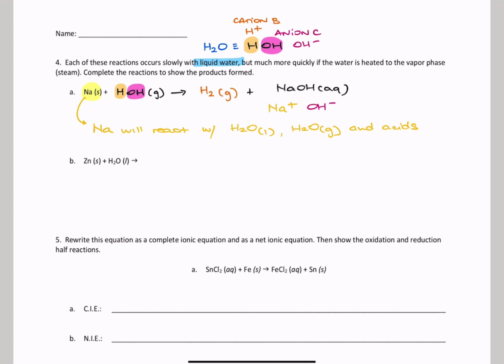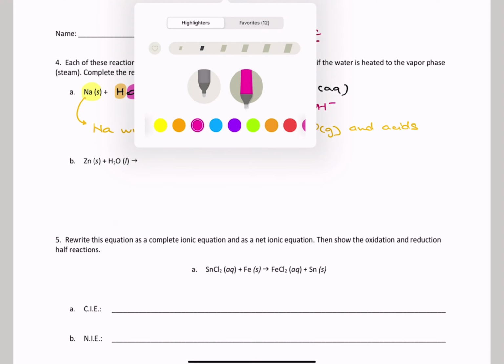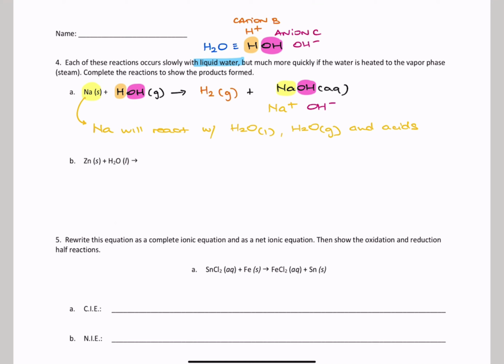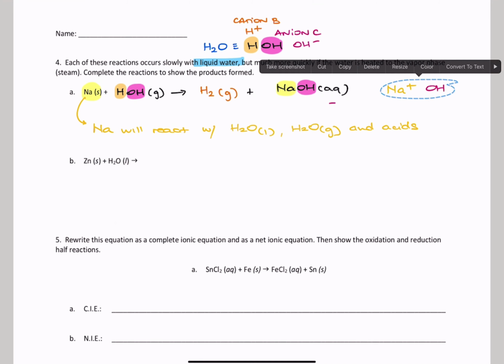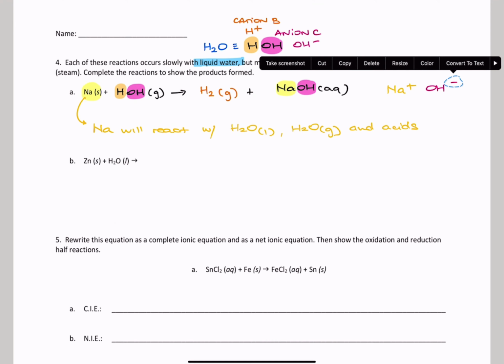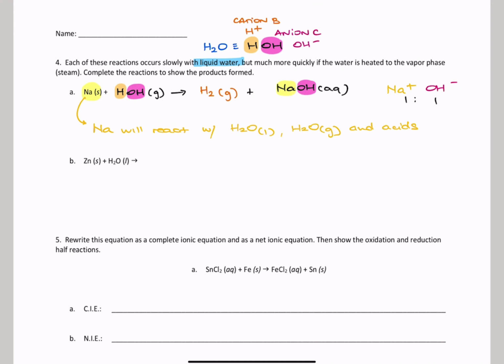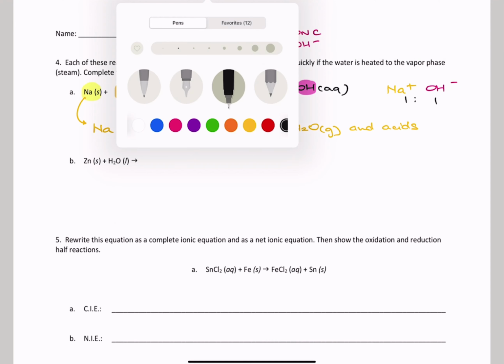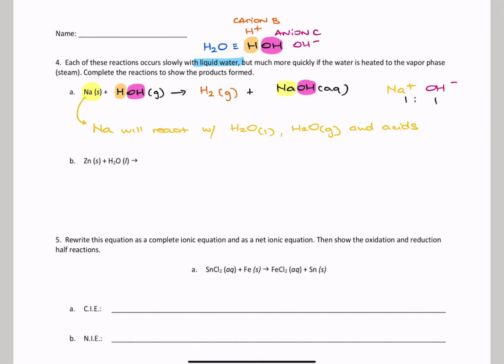Okay, again, here you have your anion, and here you have the cation of A. 1-to-1 ratio in respect to the charge. Don't forget that we still need to balance the equation. There's 2 H's here, 1 sodium and 1 OH.